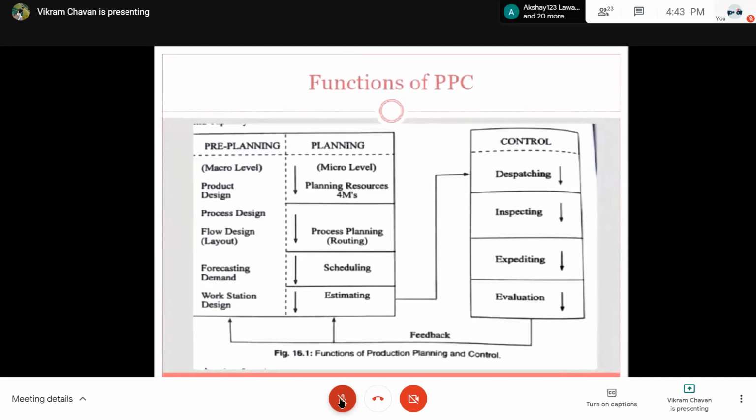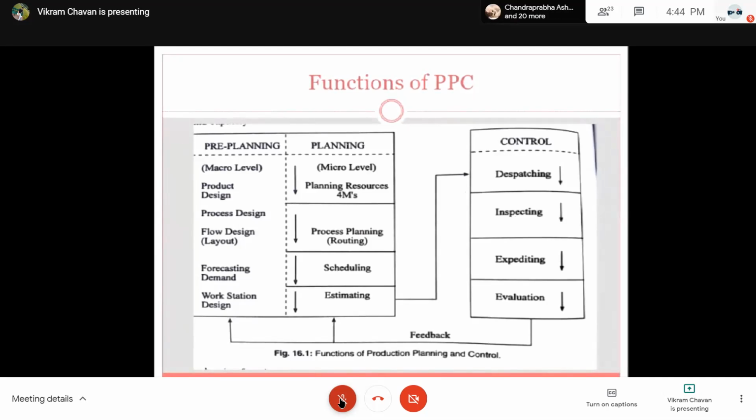That is the process design: adopting or developing a new process, purchasing new equipment or technology, or replacing old technology with the new technology.